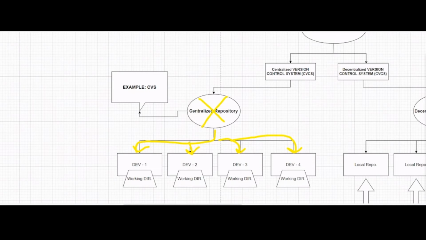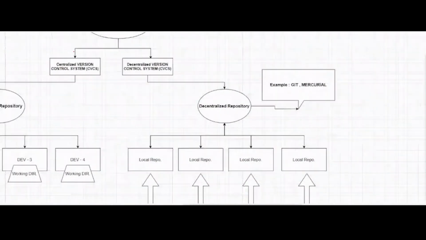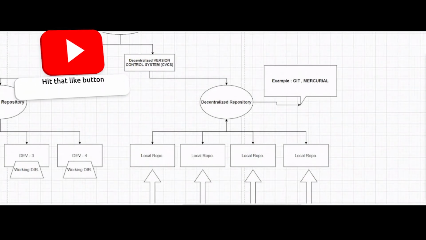They don't have any source code on their local system, and that's why they would lose all the source code they have programmed over a lot of time, right? So this was again a drawback of the centralized version control system. That is why we move towards the decentralized version control system. So now let's move to the decentralized version control system part.